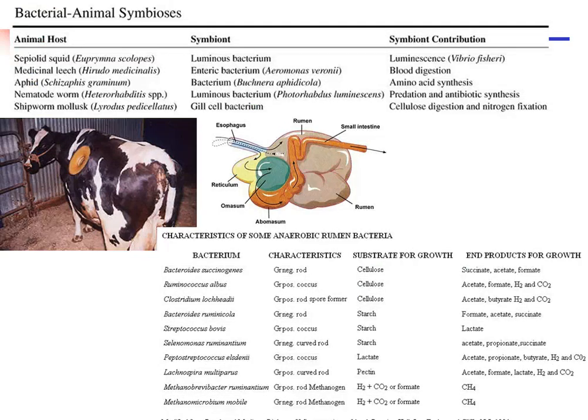Okay, so here are some other examples of bacterial and animal symbioses. The picture you're looking at over here is a cow, obviously, and notice there's a hole that's been made in the side of its body. It's called a fistula, and you could actually stick something into that and you would be right in the stomach. This is its stomach, the picture in the very middle. It's got a 4-chambered stomach, and one of the parts of its stomach is called a rumen.